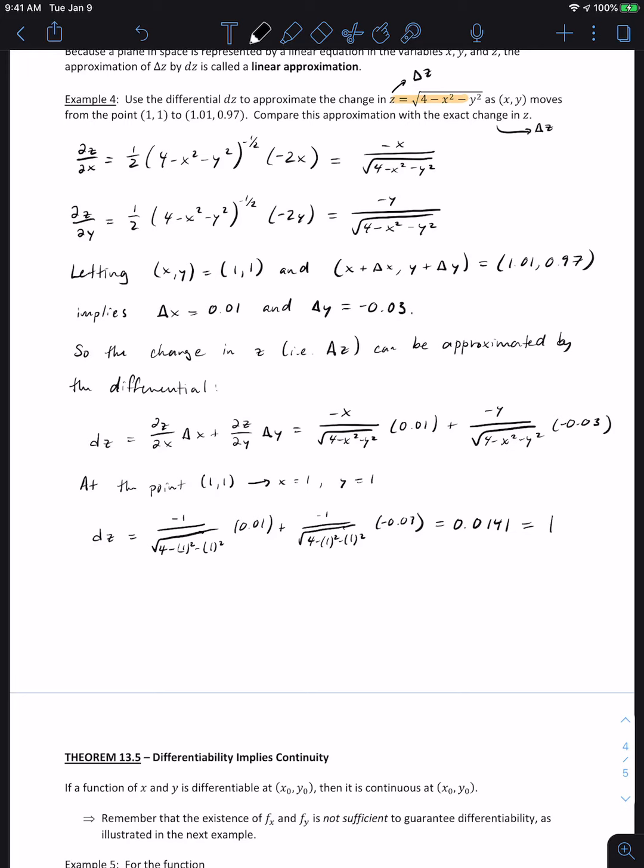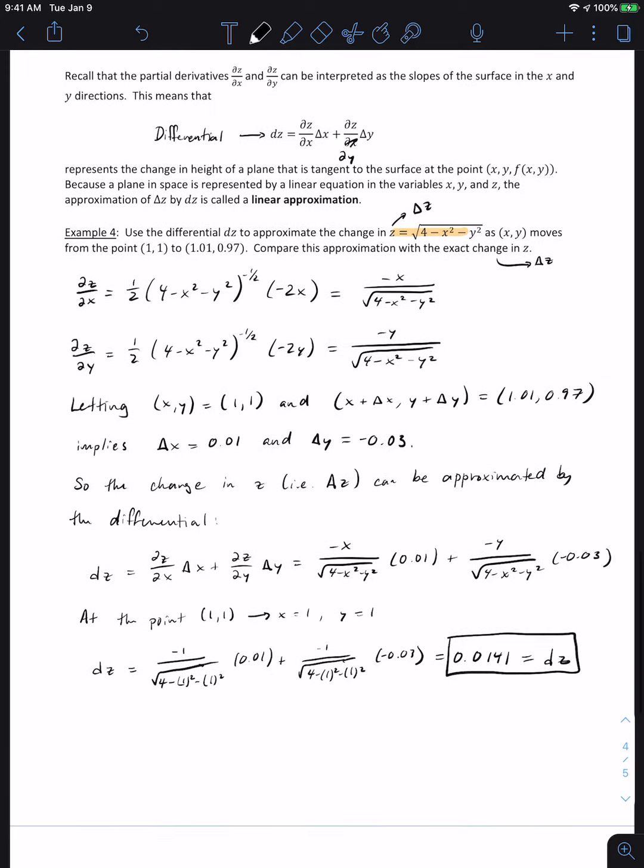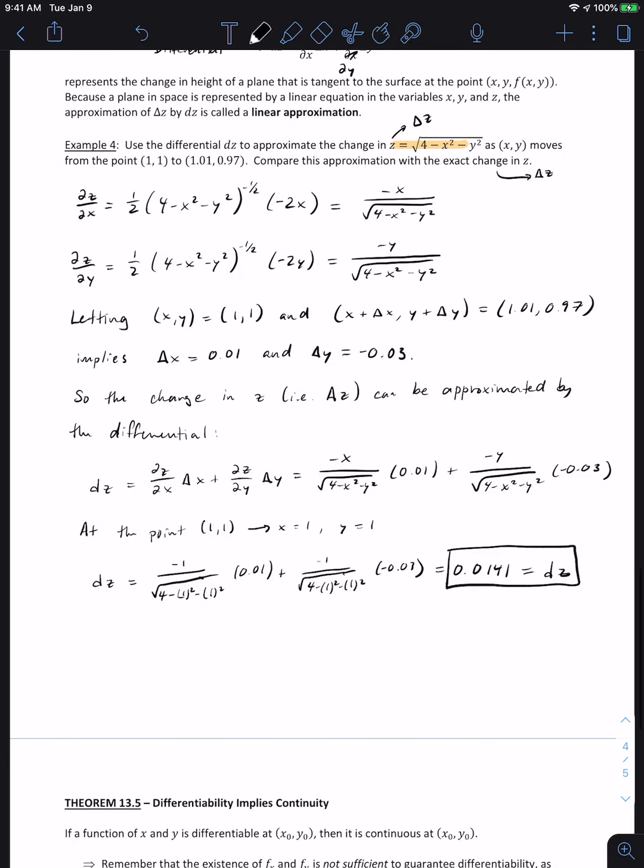So again, that's what my differential is, and the whole idea is that this is going to be approximately what my change in z is. It's going to be a good estimation for my delta z.